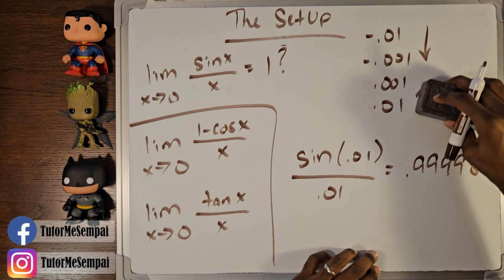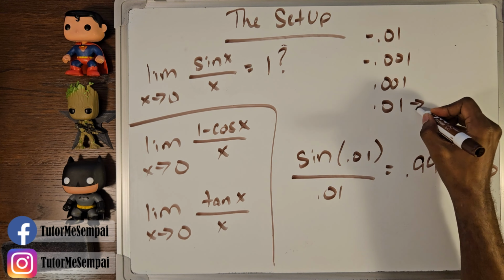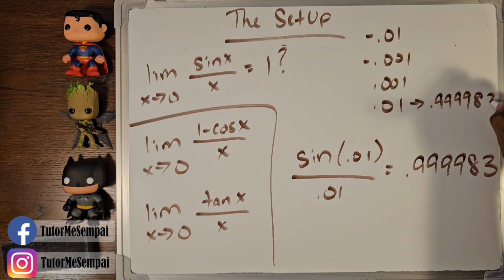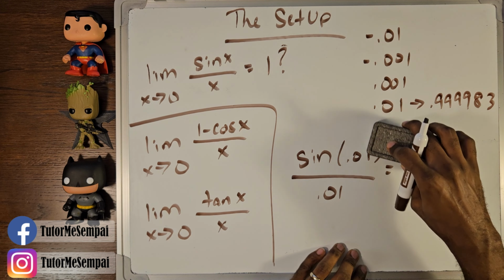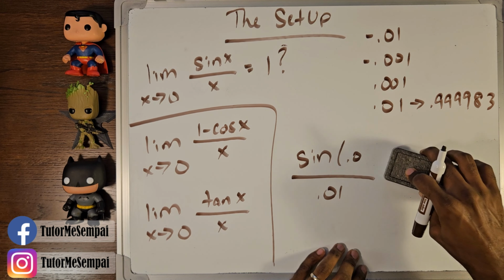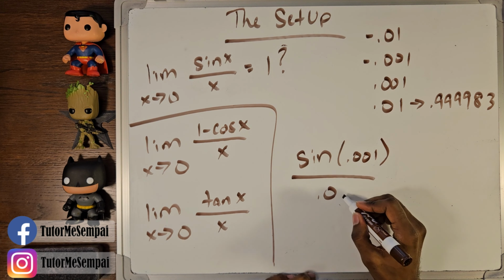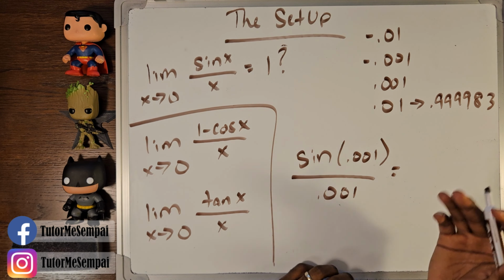So we see when we have our 0.01, it looks like we're going to have 0.99983. So let's say we add an extra 0 in here. We now have 0.001. When you plug this into your calculator, what do you get?